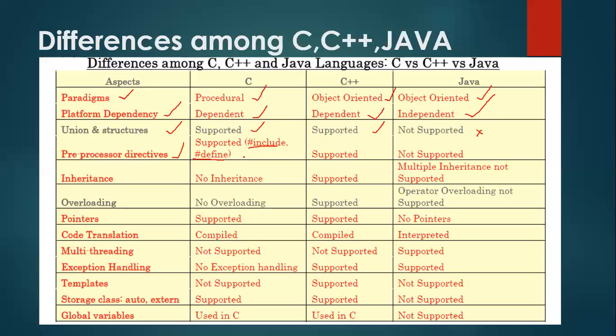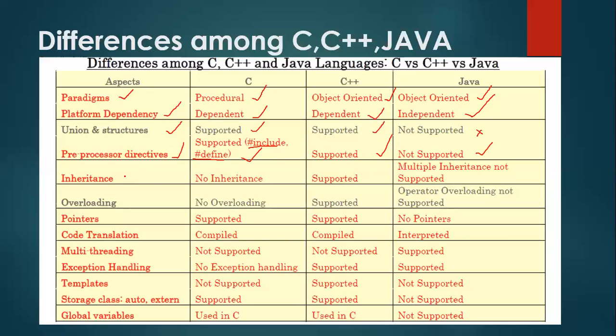So these preprocessor directives, that means header files and other definition sections, are supported in C. In C++ also, you can use these preprocessor directives. But those preprocessor directives are not supported in Java. That means you cannot use header files and other preprocessor statements in Java.